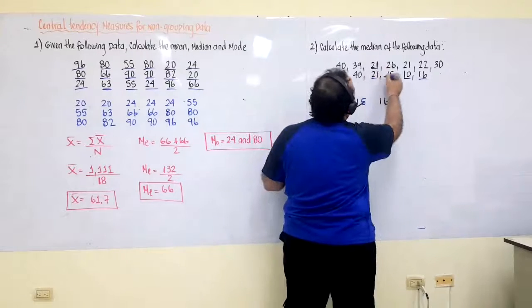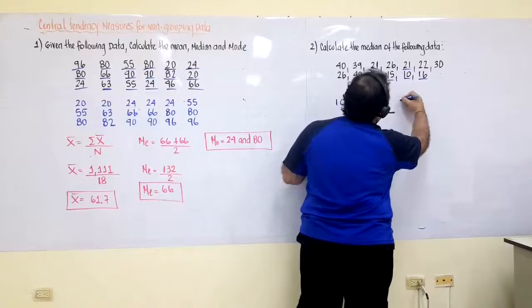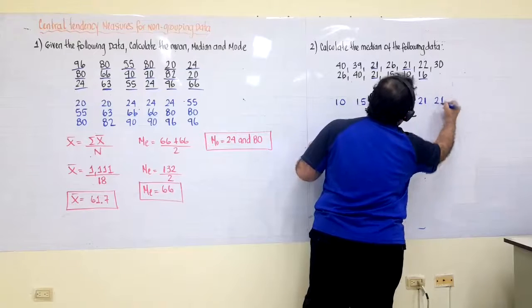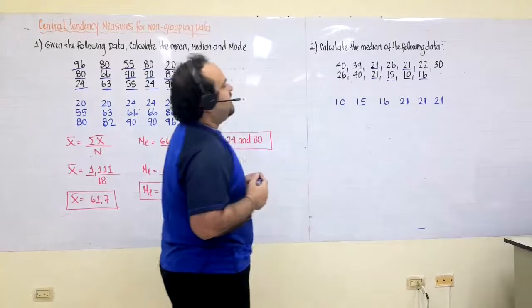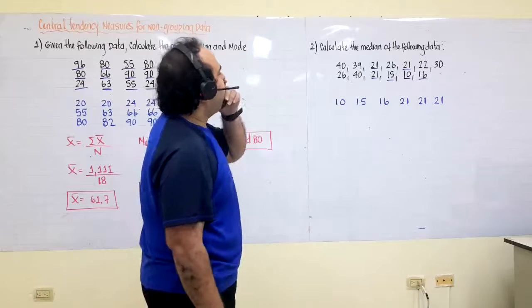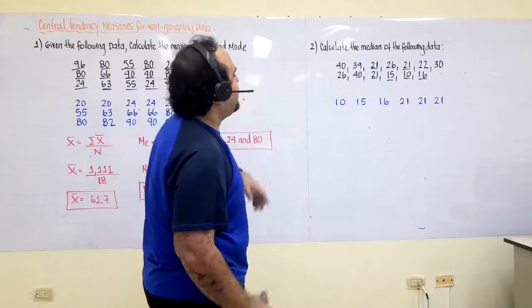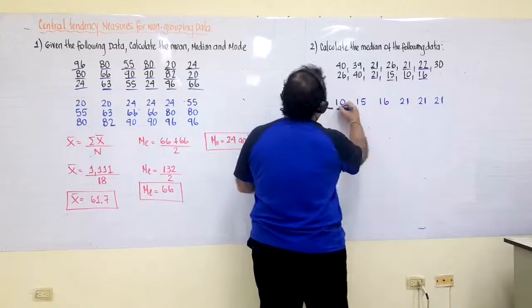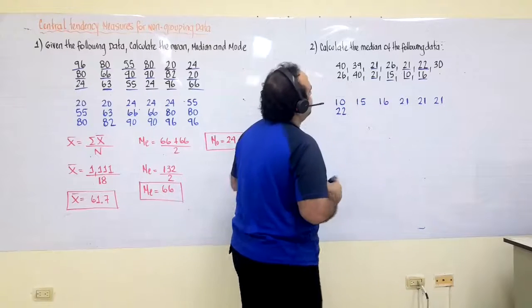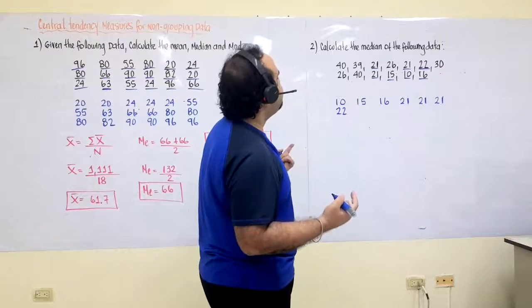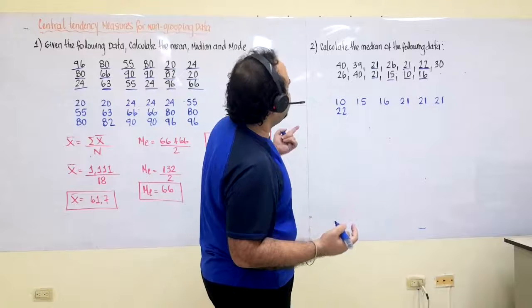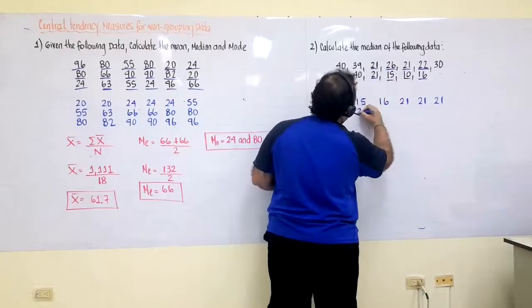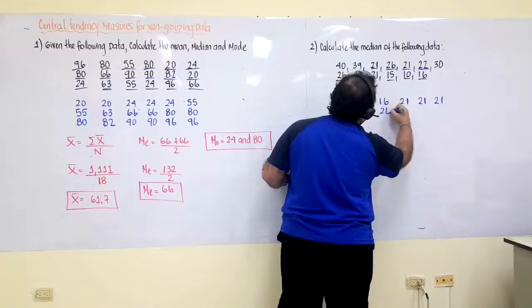21, 21, 21. After 21 will be 22, right? After 22 will be 26 twice, right? 26, 26.